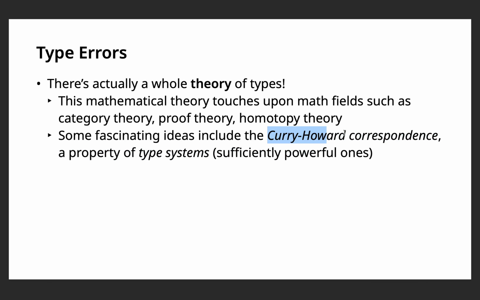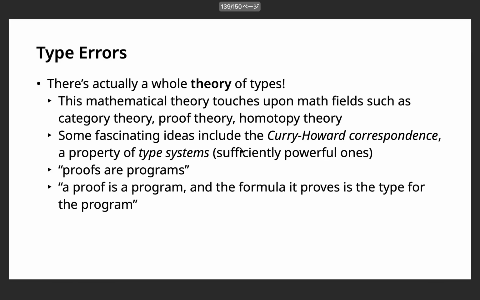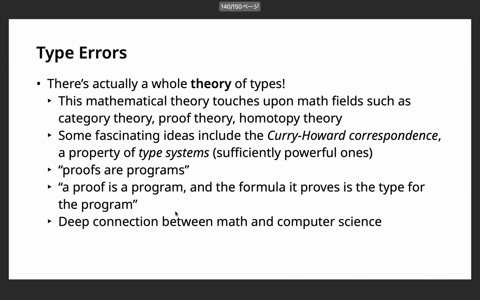This is essentially saying that types are the same thing as proofs. So in order to prove that things are true, you can use types for those. That's just a very surface level explanation of this, but the point is it's very interesting. If you're curious about this, you can just search up type theory, and that should lead you to stuff related to what you see on this slide over here.